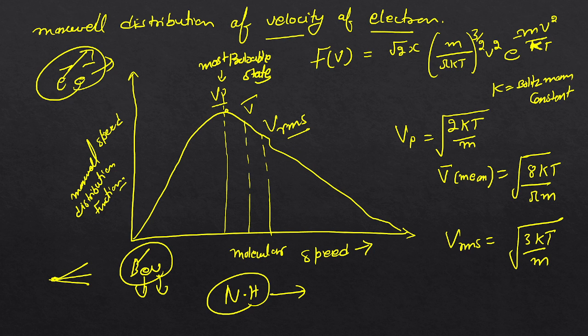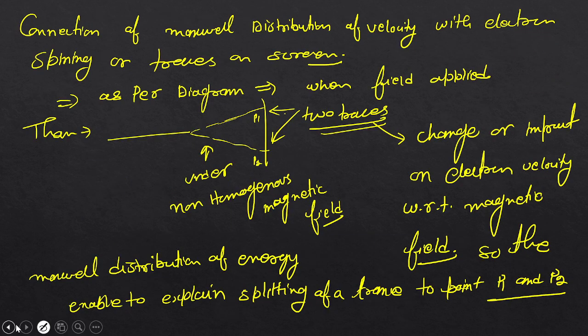When the magnetic field intensity is different, the velocity will also be different. So there is a change or distribution of the velocity among the electrons, because of which they strike at different points. So this was all about the Maxwell distribution of velocity.